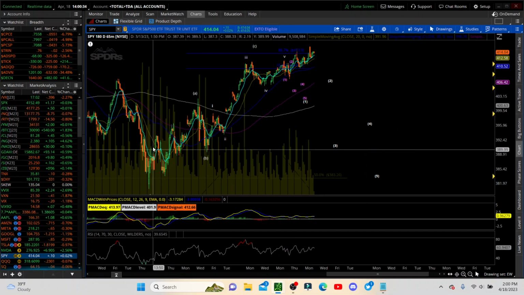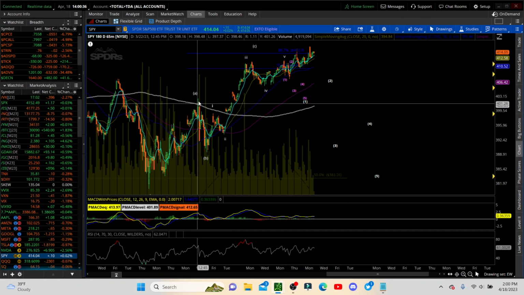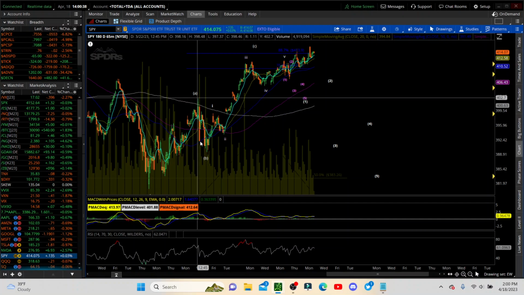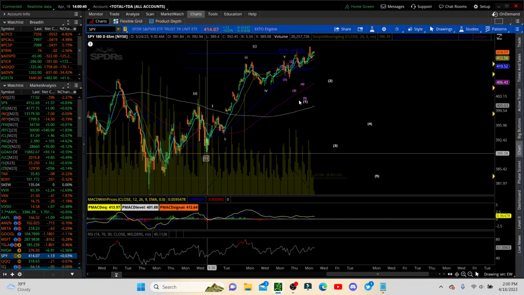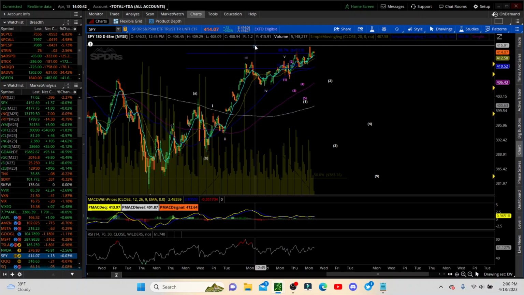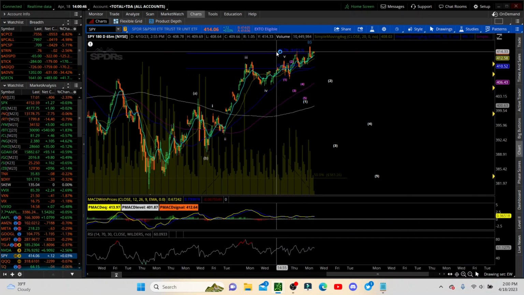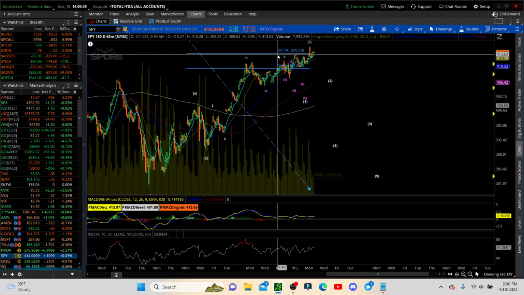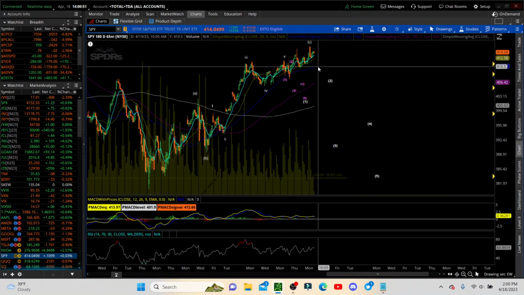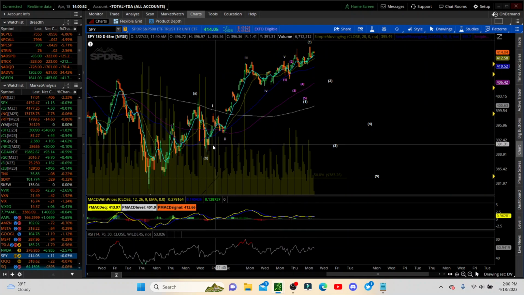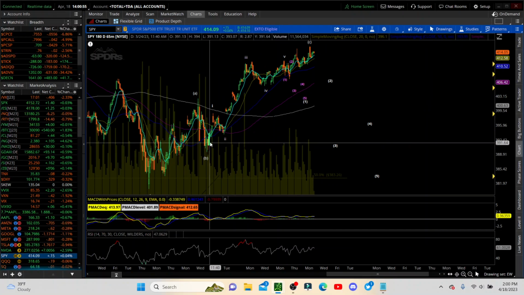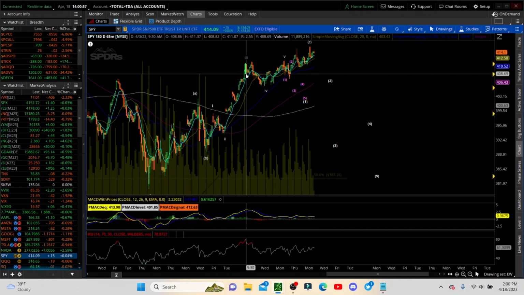We have an ABC, a 3-wave move for A, 3-wave move down for B, and we're looking at C being complete here at this rejection. We're already past these levels here, so I can take those out. Now we're looking at an ending diagonal for this wave here.